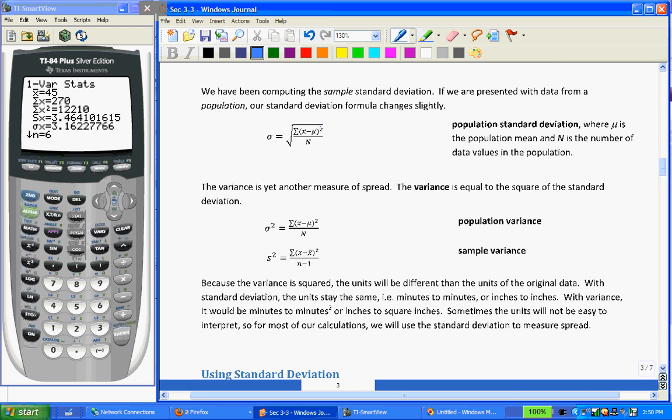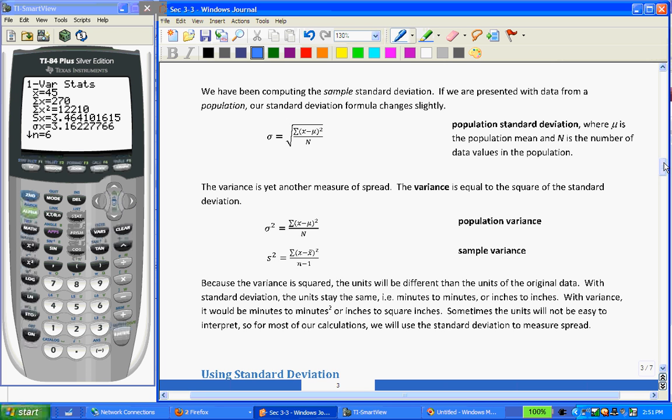We're taking those differences and squaring them, and we're dividing by the capital letter N. In the sample standard deviation, it was N minus 1. And that makes a difference, and that's why the values are very close to each other, but also different. So make sure you pay attention to the problem and make the distinction whether the data is coming from a sample or whether it's coming from a population.